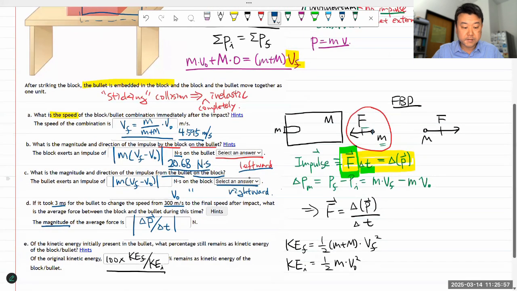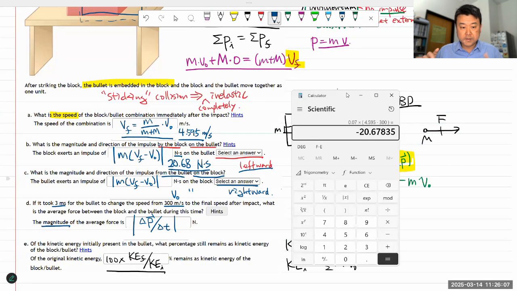So for part D, I'll just leave it as minus and just remember not to write it down. I have this impulse from parts B and C. I just need to divide by the time. So I need to divide this by not 3, but 0.003 second. That's the 3 milliseconds.